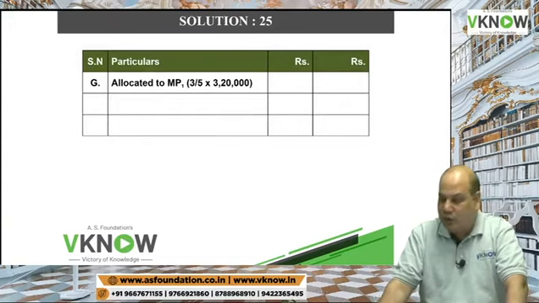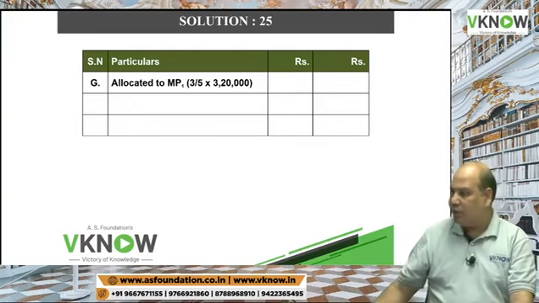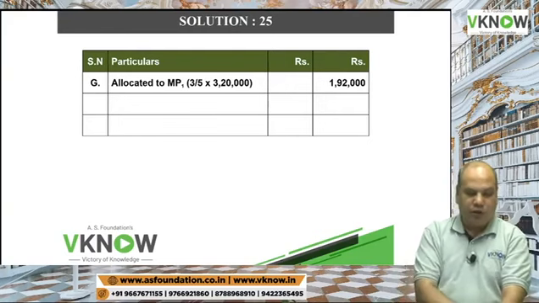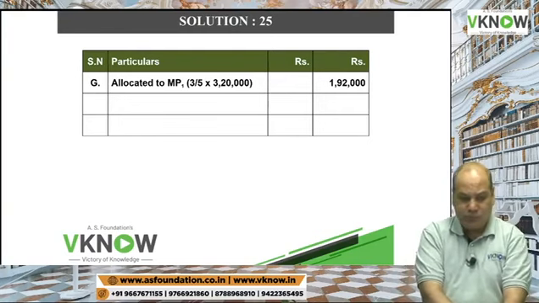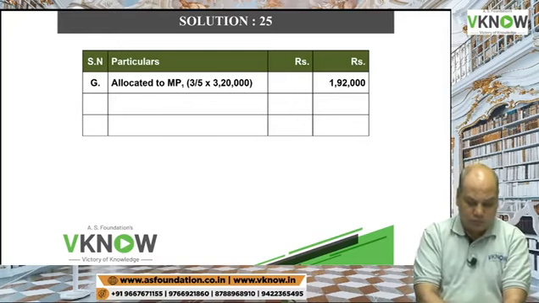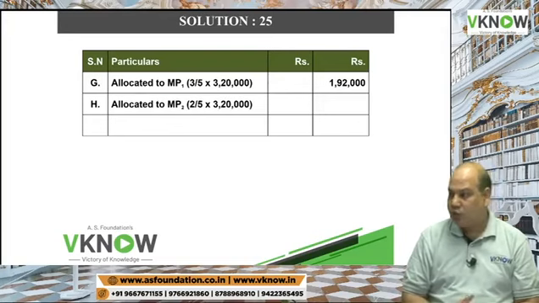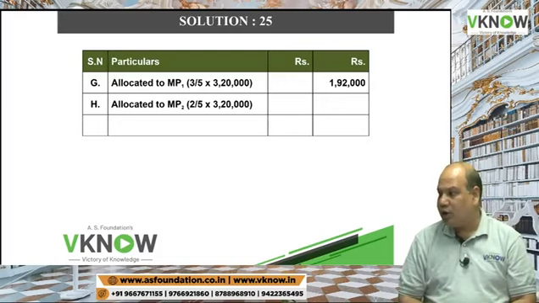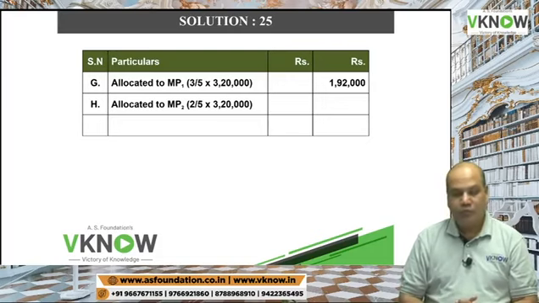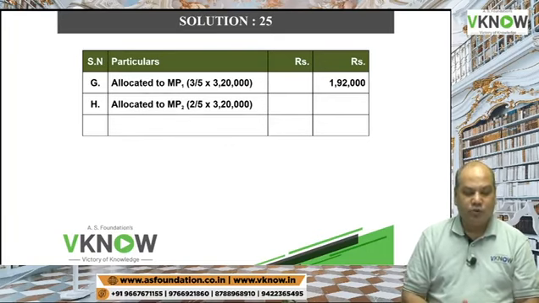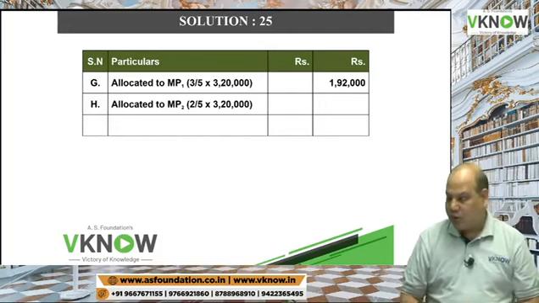So write down, allocated to MP1, 3 by 5 of 3,20,000, which is 1,92,000. Then write down allocated to MP2, 2 by 5 into 3,20,000.